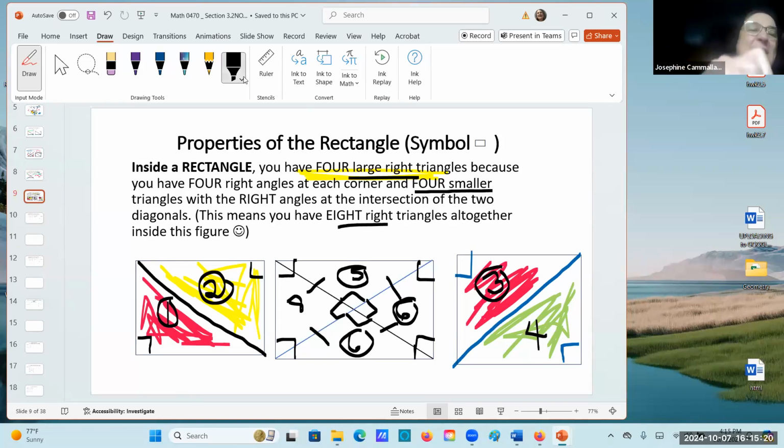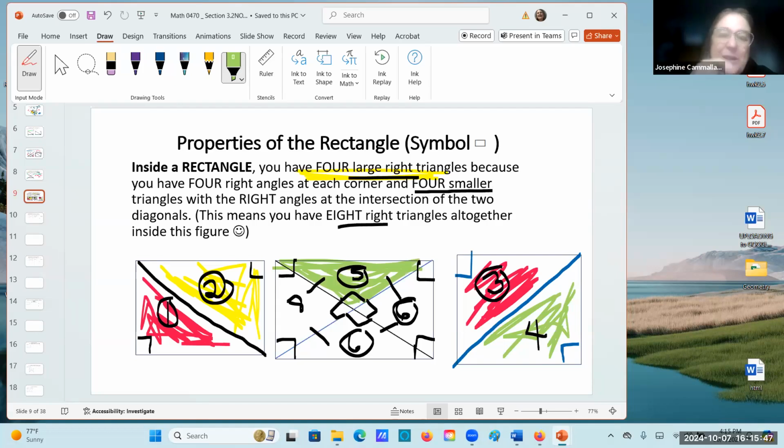But there's one little catch about these ones, and I'm going to kind of highlight it. I'm using this green number 5 triangle because the diagonals bisect the corner angles.